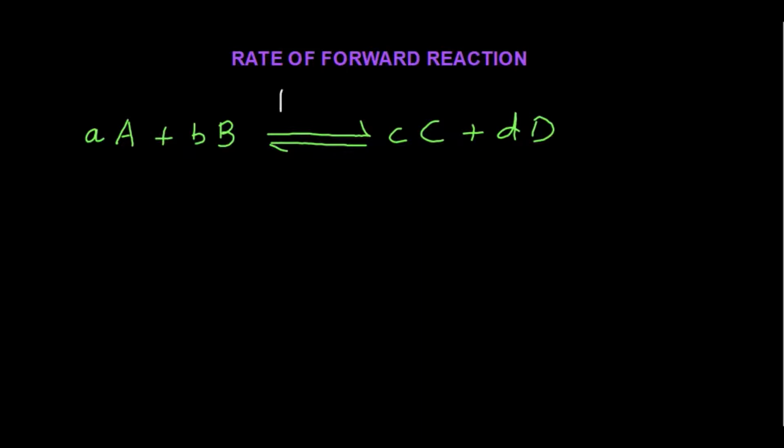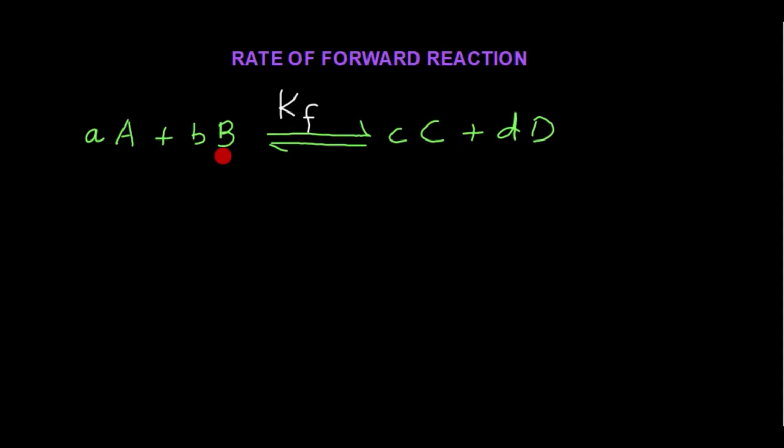We know very well that the rate constant for the forward reaction is Kf. Here students, we can notice small a and small b. These are the coefficients of the balanced equation, showing the number of moles of A and of B. Similarly, capital A and capital B are the reactants for the forward reaction.